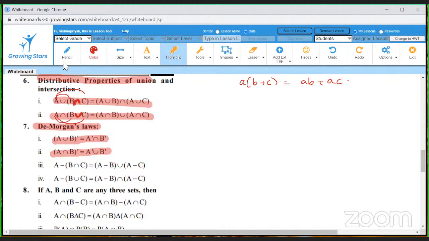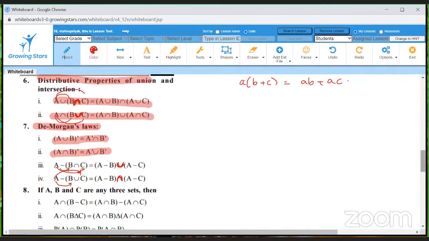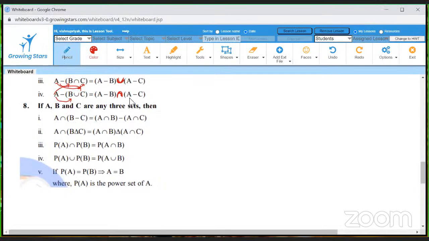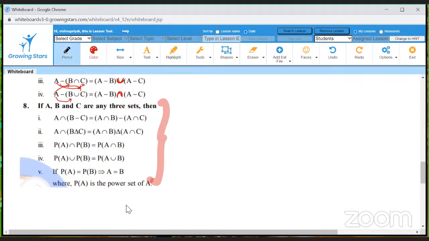Then the next one, A minus B intersection becomes union A minus C. Or A minus B union becomes intersection A minus C. That is De Morgan's. Then some more properties of sets are there. You can go through them. Not much to explain.